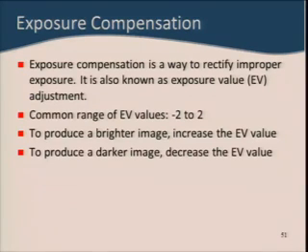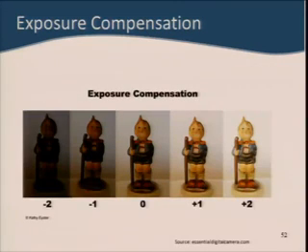If you decrease the EV value, the exposure will reduce accordingly. This particular slide pretty much just tells you the story. If you increase the EV value, it will become brighter and have more exposure. If you reduce the EV value, it will become darker and have less exposure.